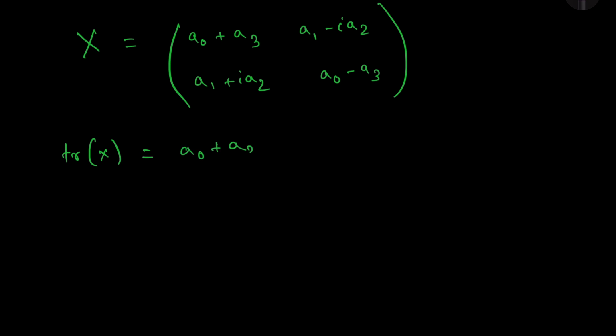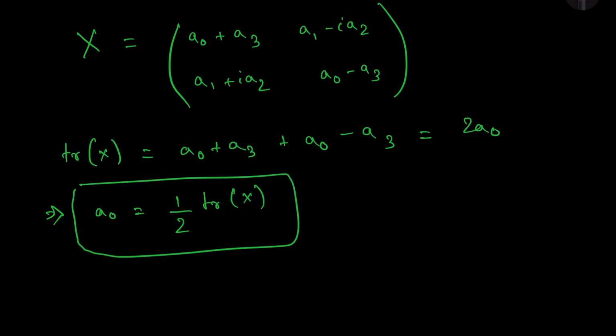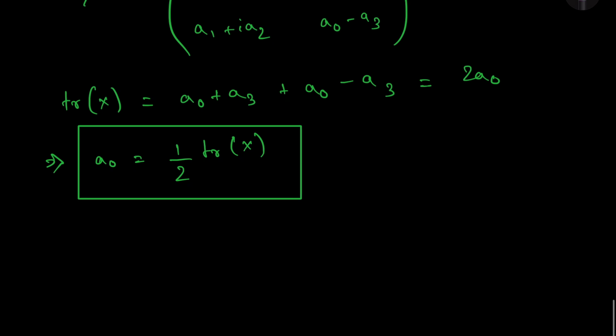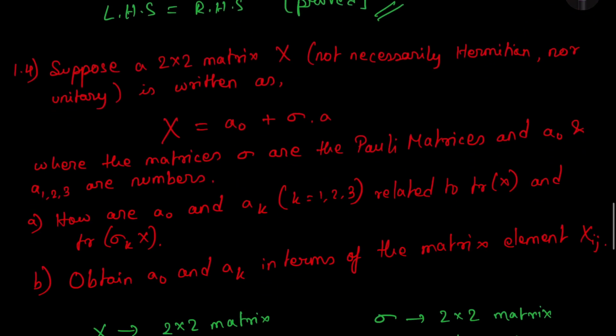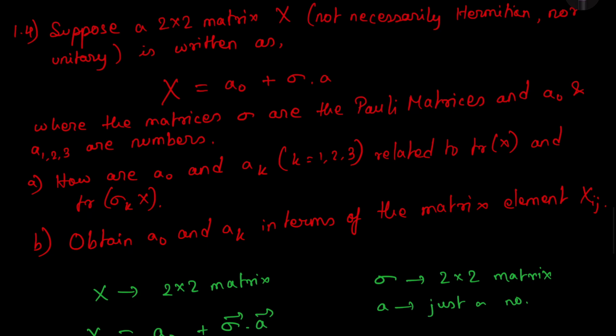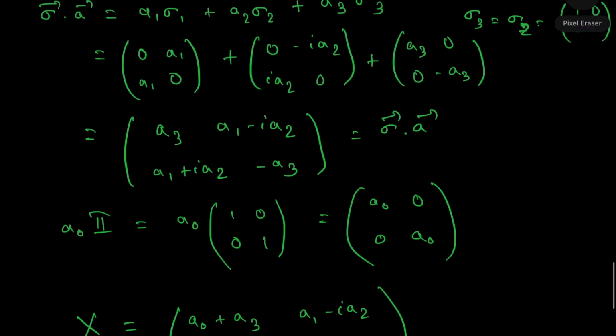The sum of the diagonal elements is just A0 plus A3 plus A0 minus A3, which will just give us 2A0. So we get A0 is 1 by 2 times the trace of X. This is the result we got, because in the second part they have told us to obtain A0 and A_k in terms of the matrix elements X_ij. So this will come in handy.